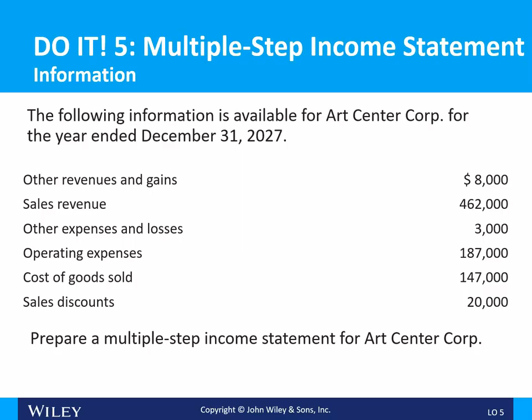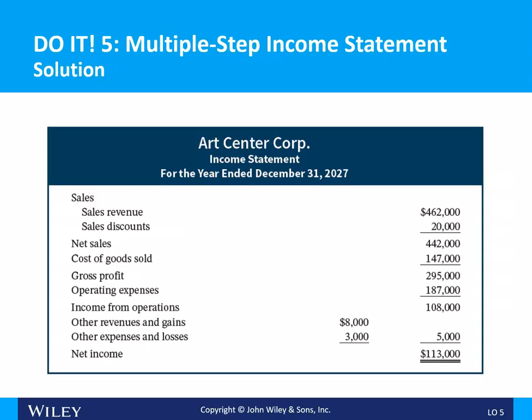So what would the income statement look like if we're doing this? And here it is. We have sales revenues less sales discounts, which gives us our net sales. Then we subtract cost of goods sold from that to get our gross profit. Once we have gross profit, we subtract our operating expenses. That gives us our income from operations.